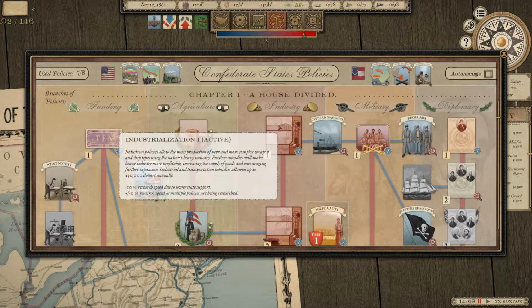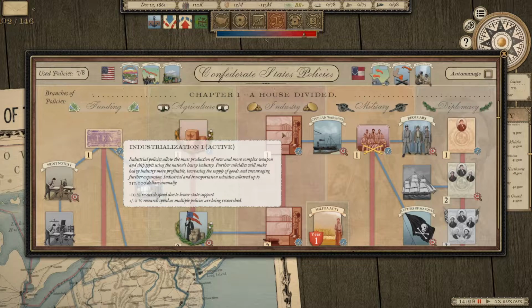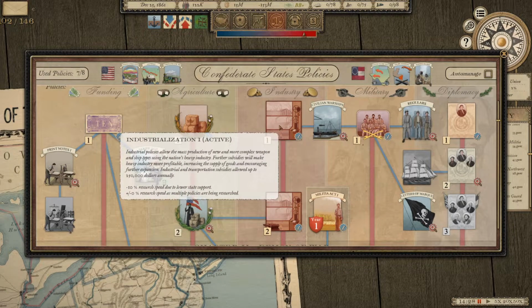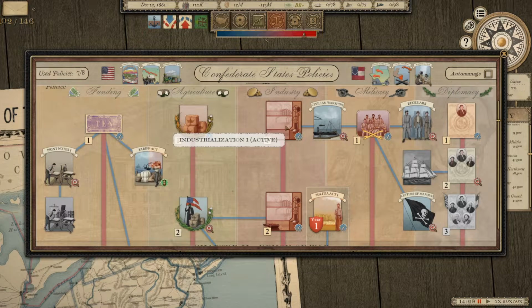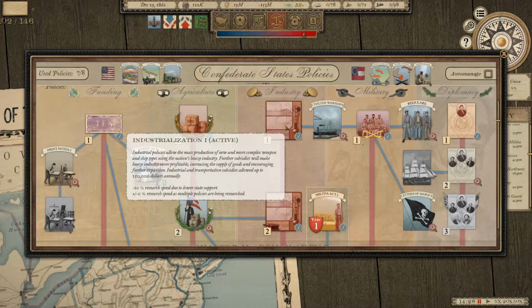But I would say Industry 1 is where you're going to get some of your good weapons. Again, for 1861 weapons. So you're going to want that at some point. Small arms and artillery is pretty good there. Plus, it allows you to increase provide subsidies to industry. So that is an increase from 0 to $250,000.